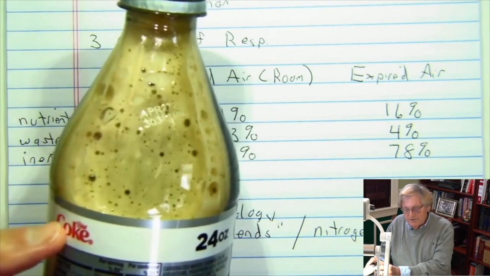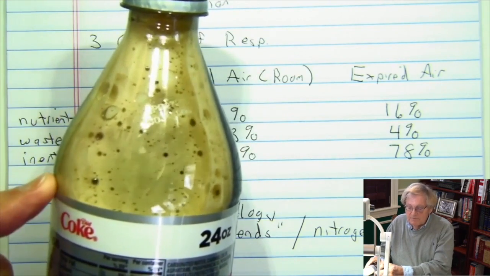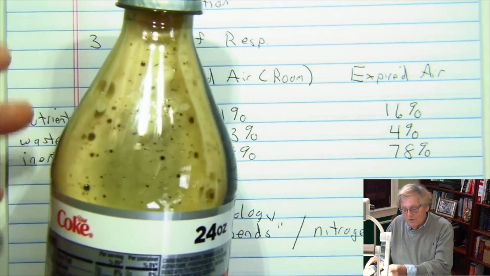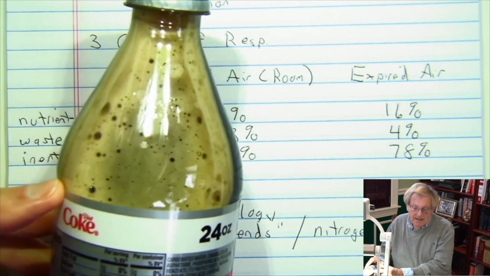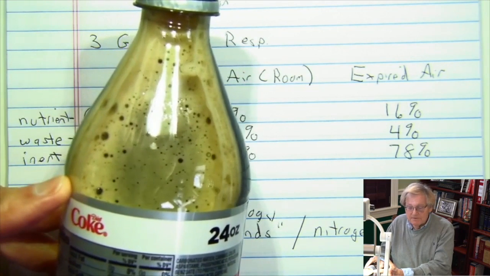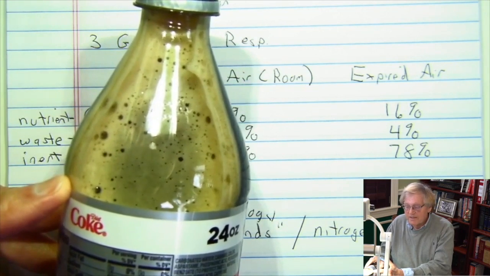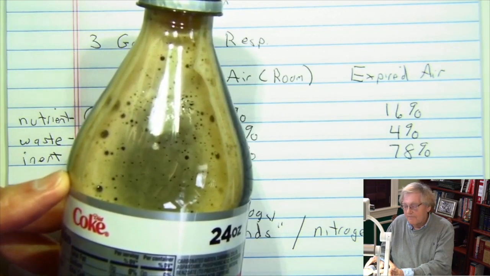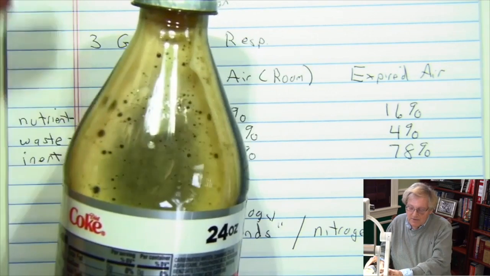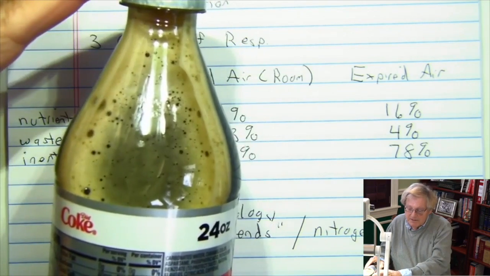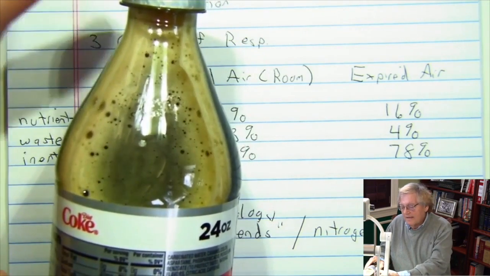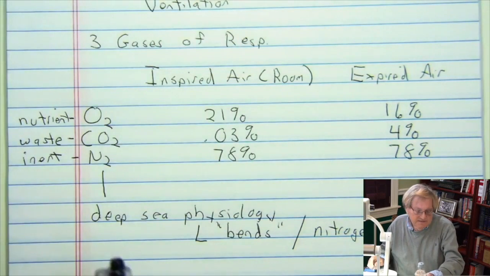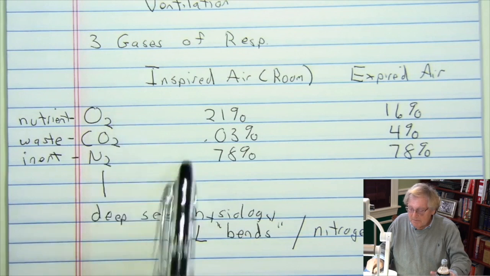When that nitrogen then would bubble out, it would be released when you're doing deep sea diving, and therefore that's why you have these little air emboli causing something called the bends or nitrogen narcosis, which can be fatal unless you're treated in a hyperbaric treatment chamber. So that's just the quick concept of how nitrogen is significant, or think about all of these gases as actually being inside of my blood.